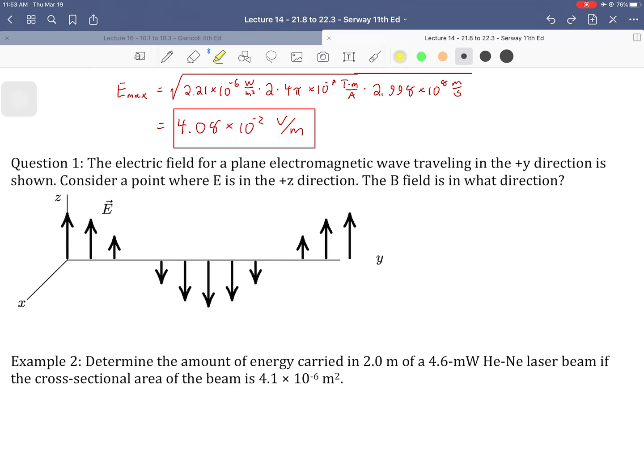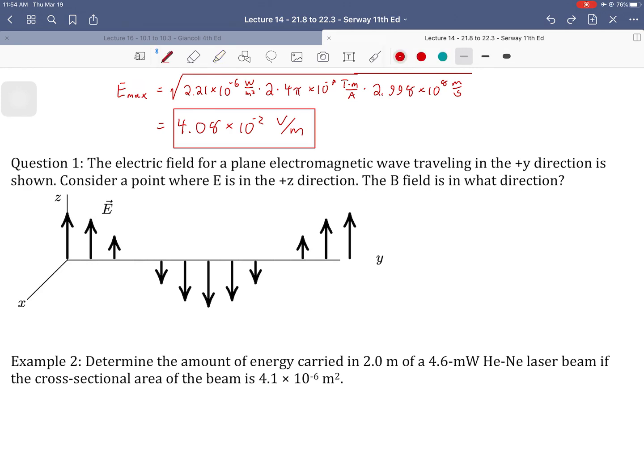The wave is traveling in the y direction, but the field is entirely in the zy plane, and all the amplitudes of the field are z values. So that's in this three-dimensional graph. There's nothing about the electric field that would be in the x direction, nothing at all, because it is a plane electromagnetic wave. So consider a point where the electric field is in the positive z direction. The B field is in what direction?